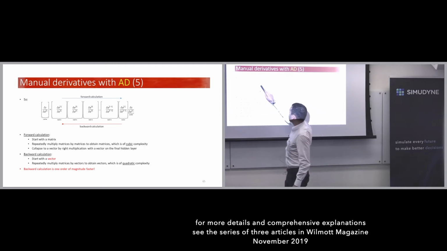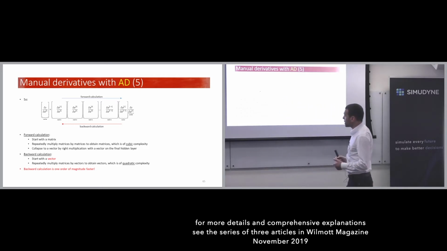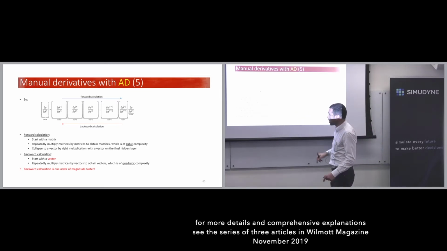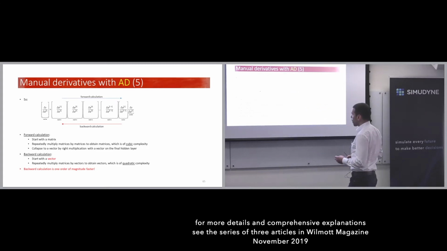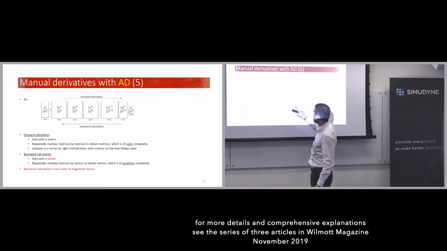So if we go forward, if we go left to right, we start with a matrix. We repeatedly multiply matrices by matrices to obtain matrices, which is, as you know, of cubic complexity. And it's only at the last calculation that we collapse into a vector by right multiplication with a vector on the final hidden layer. If we do it backward, we start by multiplying this number by this vector.